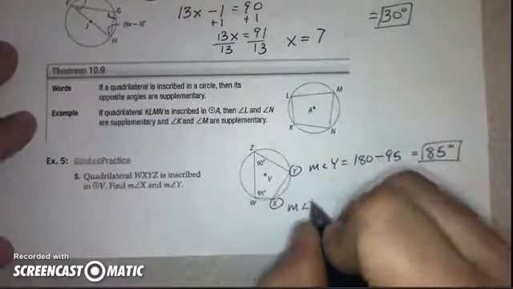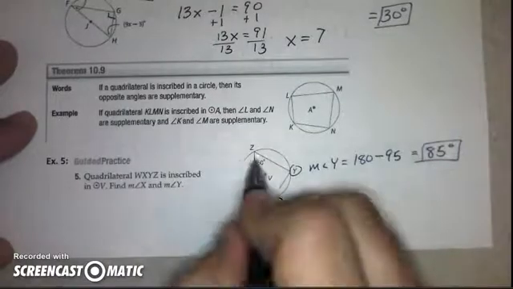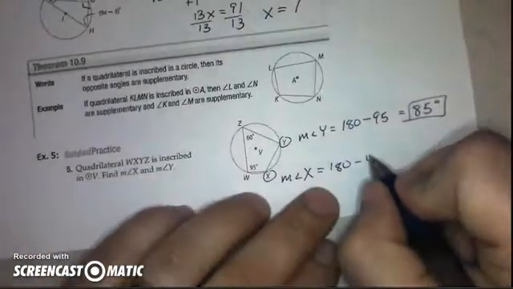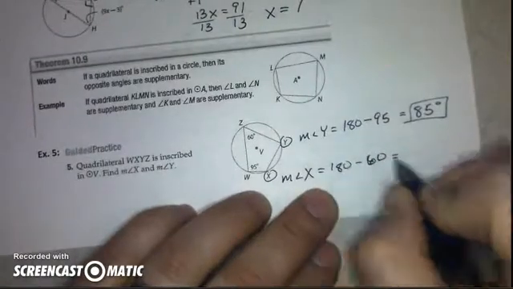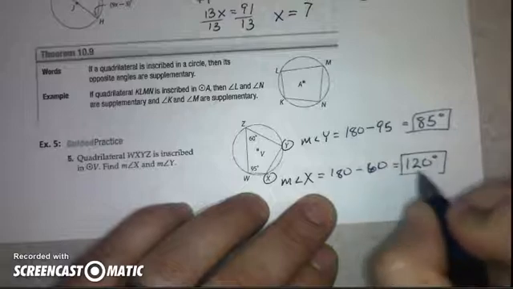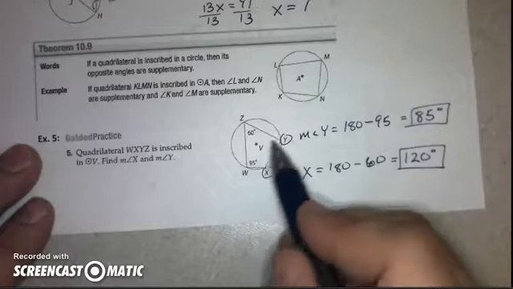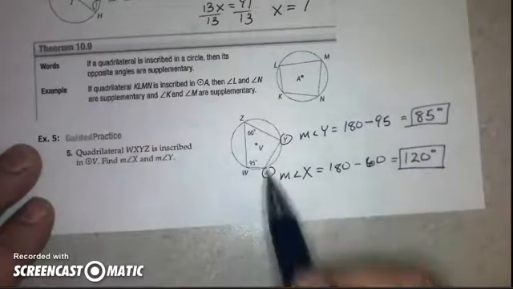And the measure of angle X is 180 minus its opposite of 60. Sorry, my paper's moving. 180 minus 60 is 120 degrees. Because the opposite angles have to be supplementary. That means we take this one away from 180 to find its opposite.